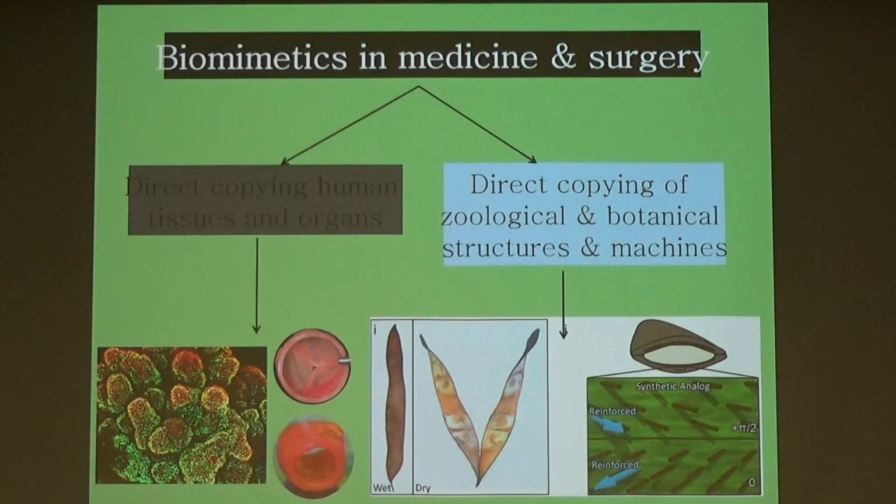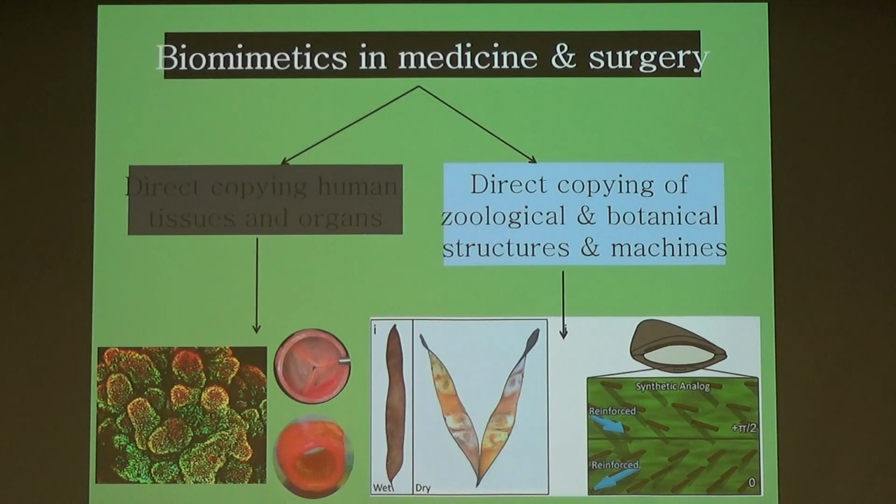Now I'll turn to biomimetics in medicine and surgery, which I see as more interesting to you, and it's the area where I'm using biomimetics very strongly in virtually everything I do, in the work I do. So, biomimetics in medicine and surgery.